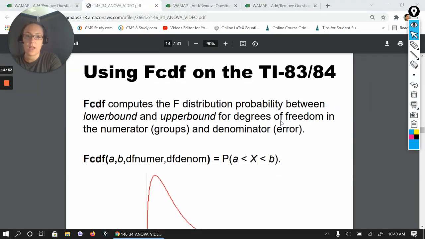So FCDF is found on the TI-84 calculator. Once again, if you don't have one, that's okay. I have built-in calculators in the homework problems. So FCDF computes the F distribution probability between lower bound and upper bound for degrees of freedom in the numerator, which is the groups, and the denominator, which is the error.